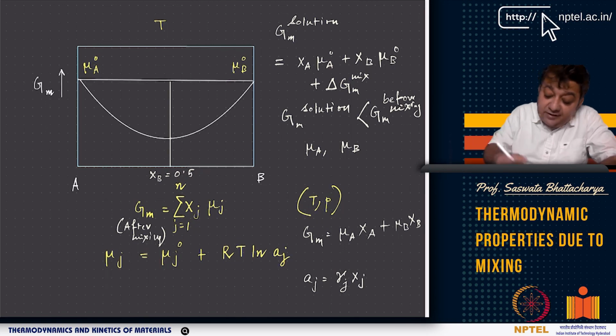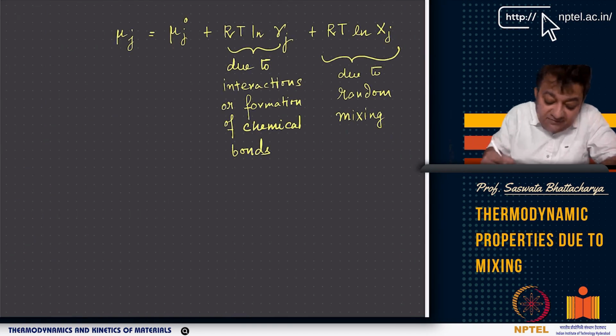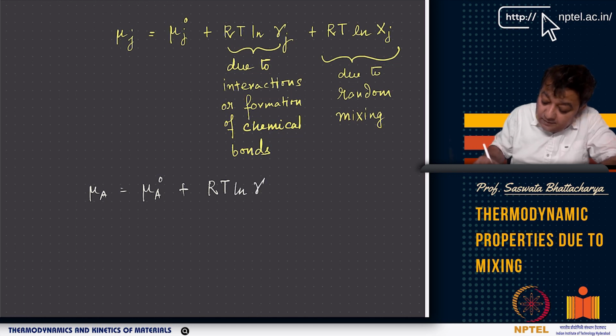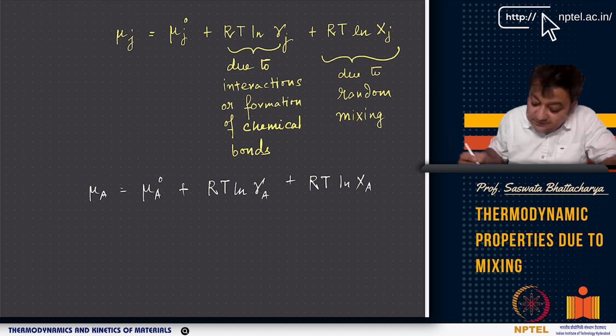Now you see, if I write individually for the component J, for example for component A, it will be mu A0 plus RT ln gamma A plus RT ln XA. Okay, which you can write as RT ln (1 minus XB). But see, this is due to random mixing.